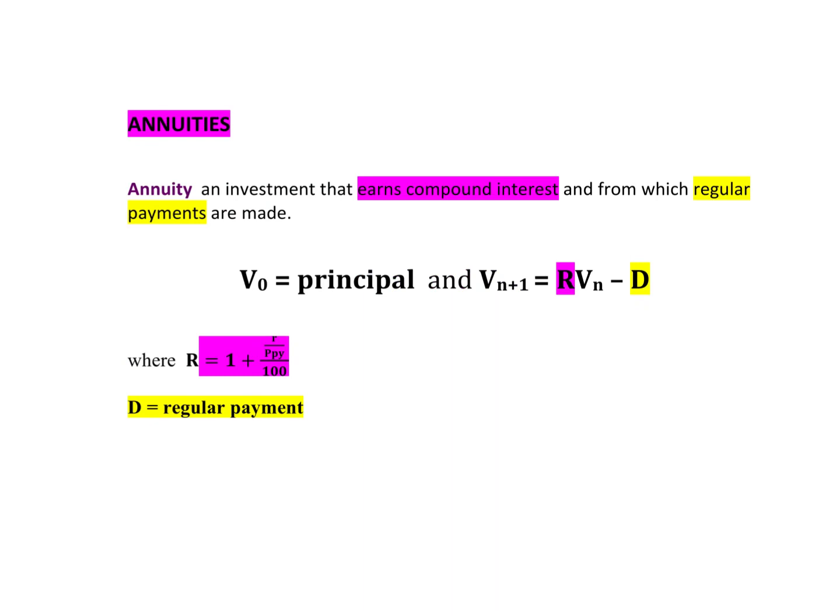Okay, so the next type of scenario that we're going to look at is annuities. It can get a little bit confusing, but a general annuity is where you invest money into the bank and you're going to make some interest on it, and then while it's doing that, you are going to be using some of the money.